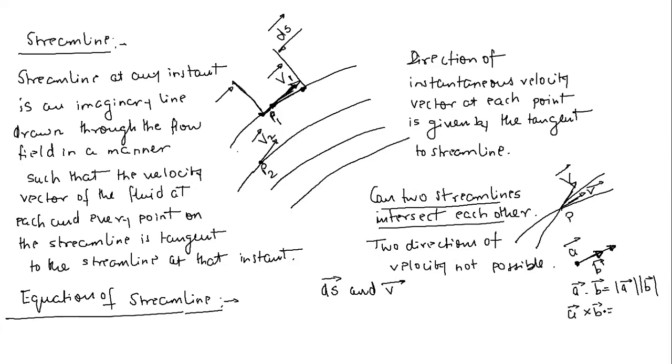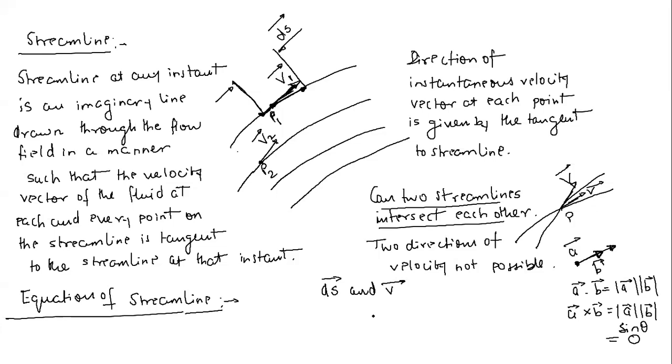Since both are in the same direction, the cross product, mod a into mod b sine theta n cap, has sine theta equal to 0. Because both are in the same direction, the cross product will be 0.